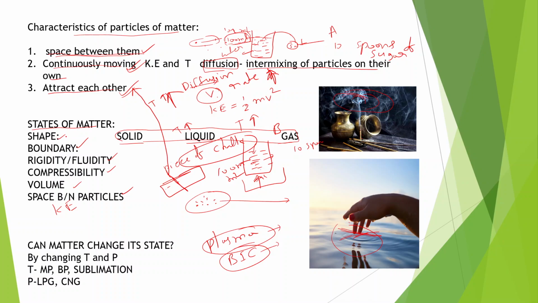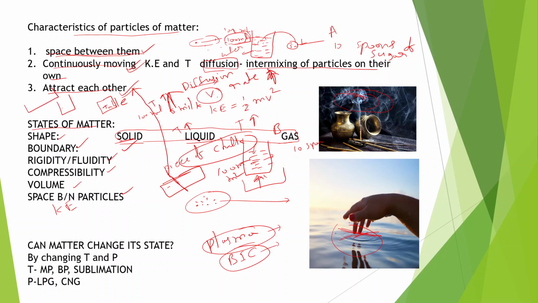If you take the shape, for solids, suppose you take a table. This table has a definite shape, because the shape will not change; it is something rectangular or square. So shape is present in solids. In liquids we can't say, because if you take 100 ml of milk and pour it into a glass, it will take the shape of the glass.